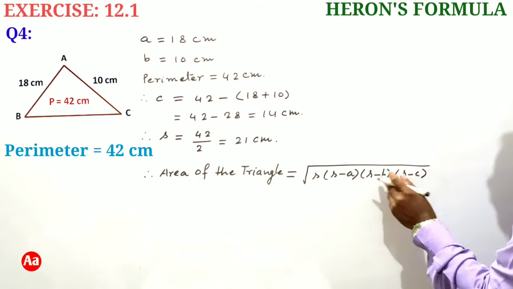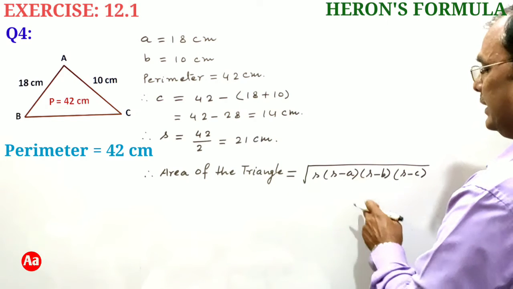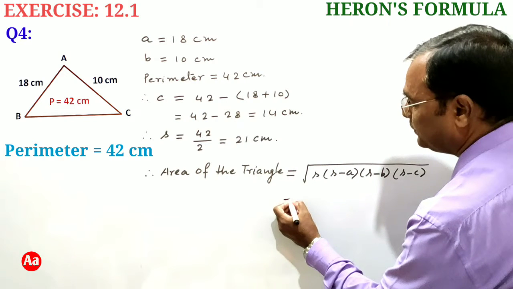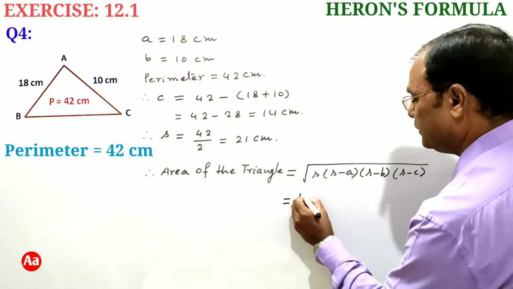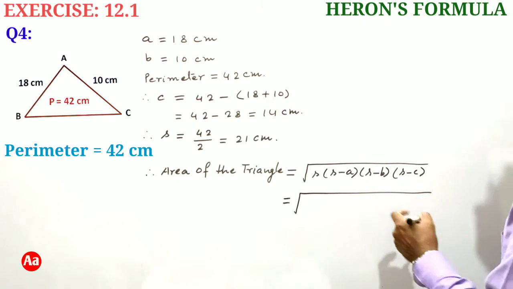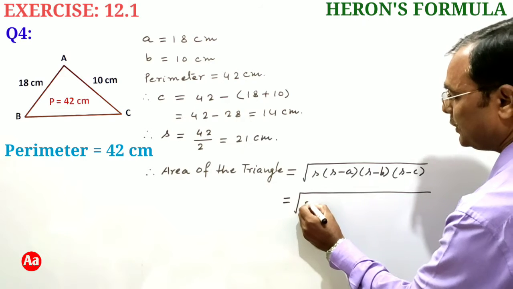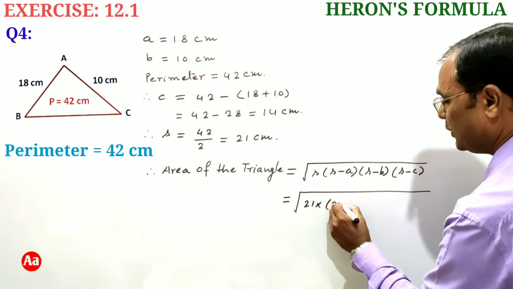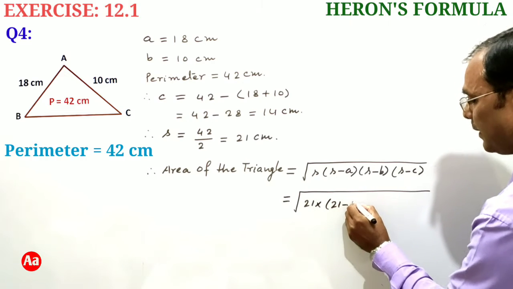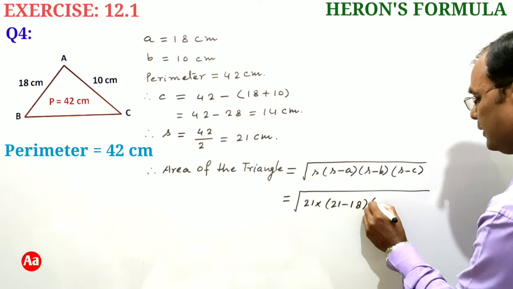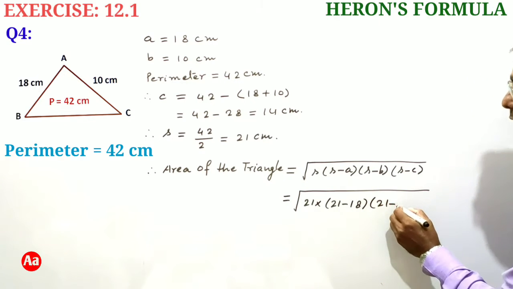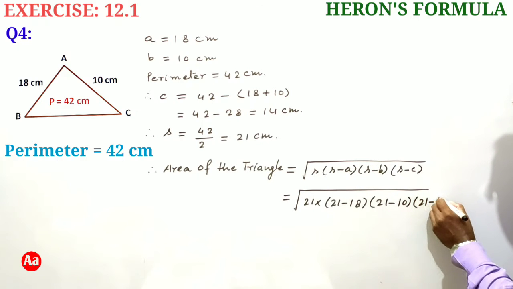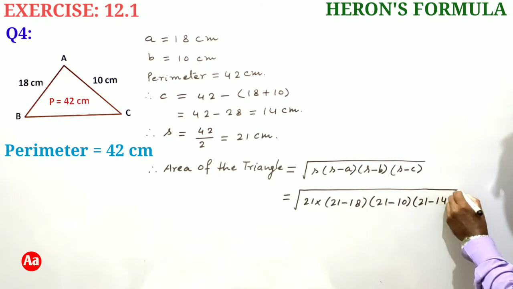Let's substitute the values of semi-perimeter s and sides a, b and c of the triangle in this formula. So this is equal to semi-perimeter 21 into 21 minus 18 into 21 minus 10 into 21 minus 14.